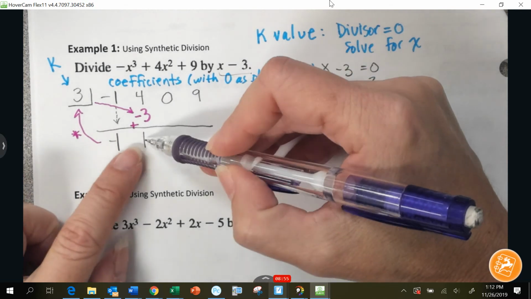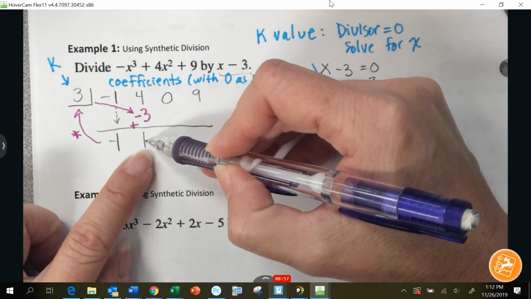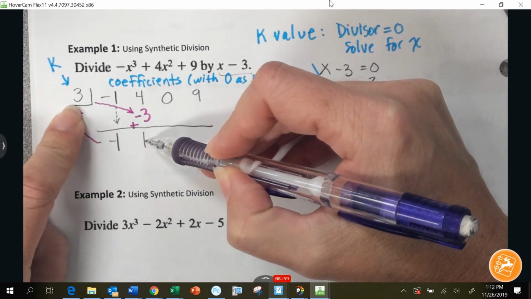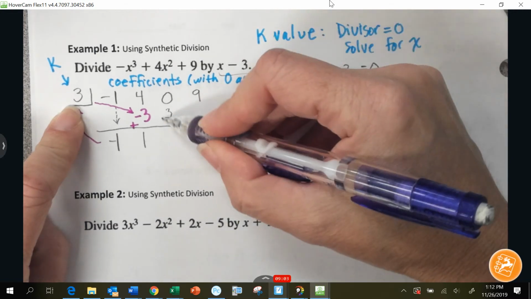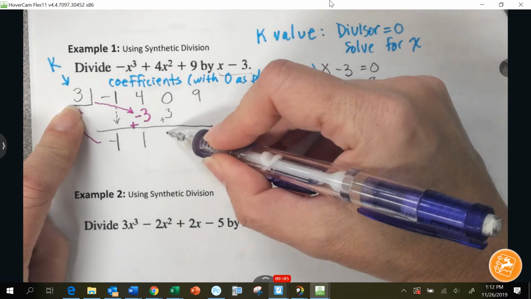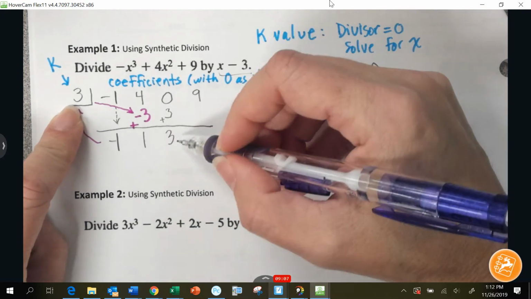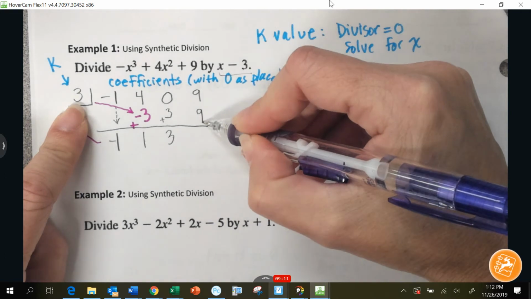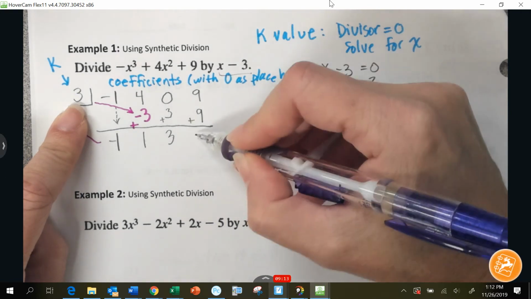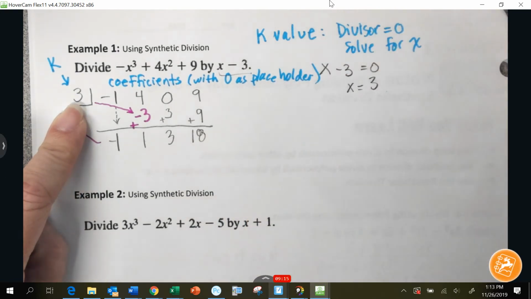So now I'm going to repeat the process, which means take this number, 1, multiply it by 3, just 3, put it under the 0, and add them. So 0 plus 3 is 3. Repeat the process. 3 times 3 is 9, put it under the 9, add them, 18. Okay?